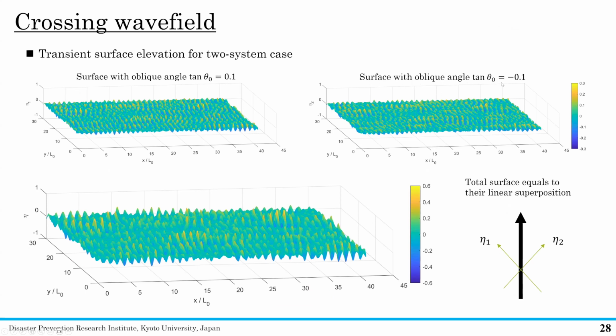Now we set it to the exact inverse, minus 0.1. These two wave trains with different directions start from the same initial condition and cross. In this very special case, our numerical model can consider the final combination and the final surface in this area, and we want to see what will happen and what the contribution is in this area.